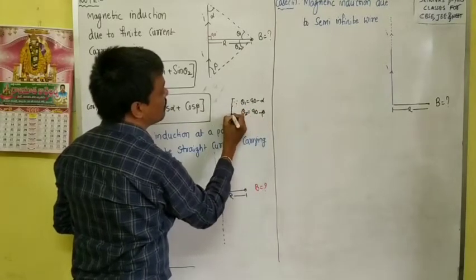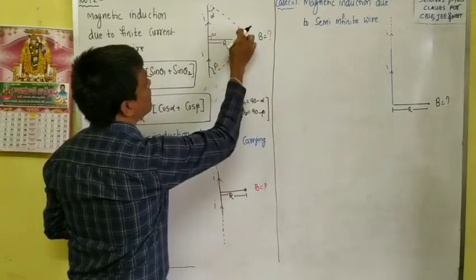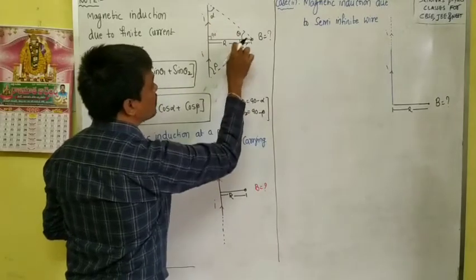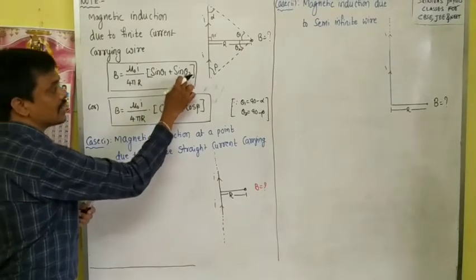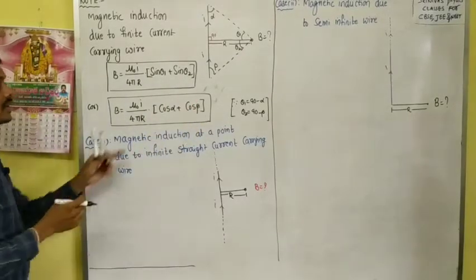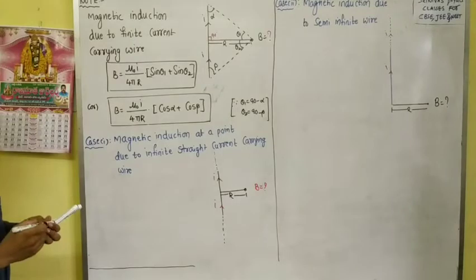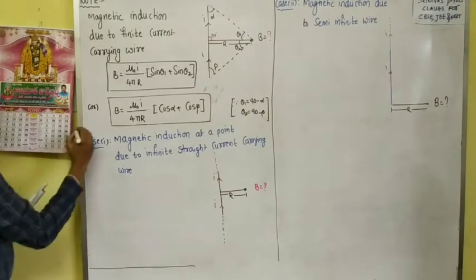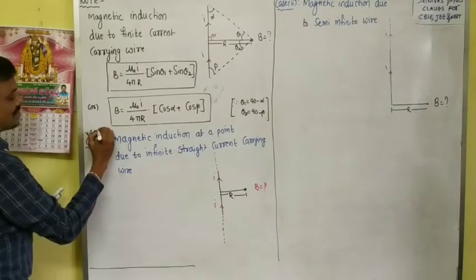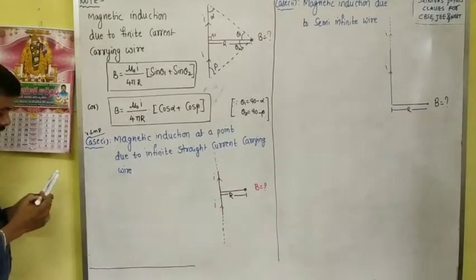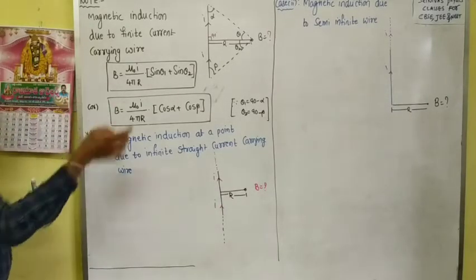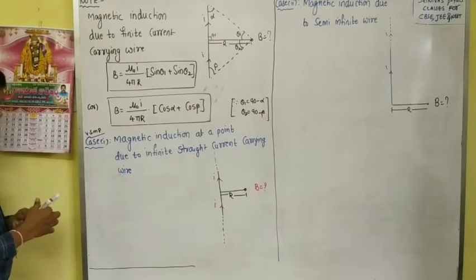You substitute here, sin of 90 minus theta is cos theta, and then we get this one. Okay, right. This case is very important, and this formula is also very important. Only for the sake of this formula I derived all these things, and we will use this formula for the next topic.